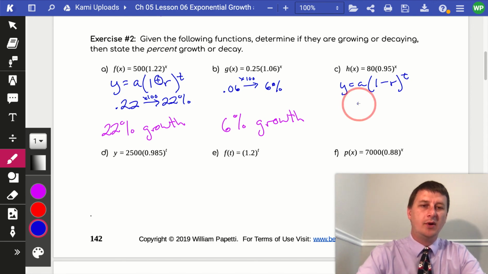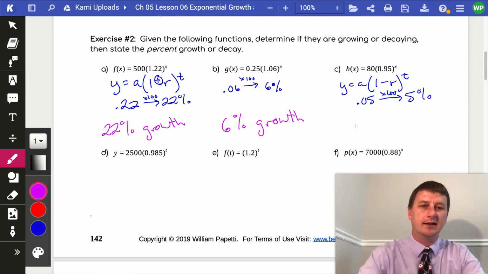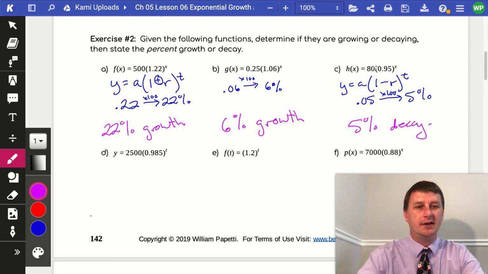And that's going to be 0.05. 1 minus 0.05 will give us 0.95. And to change this to a percent, we multiply by 100, and that's going to be 5%. And in this case, since we're subtracting it, it's going to be 5% decay. So this function is decaying by 5%.